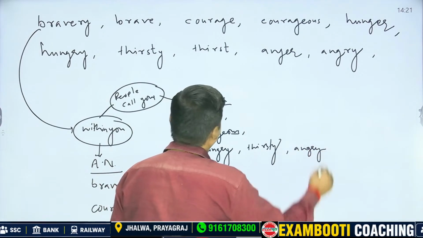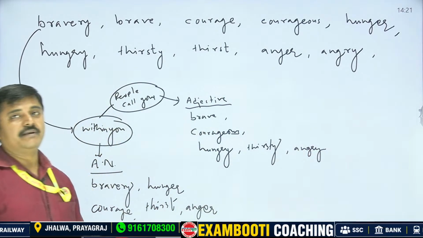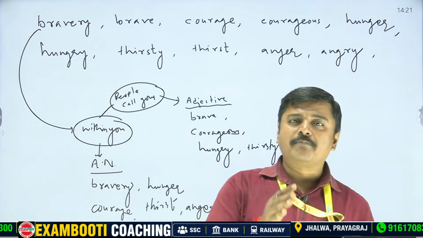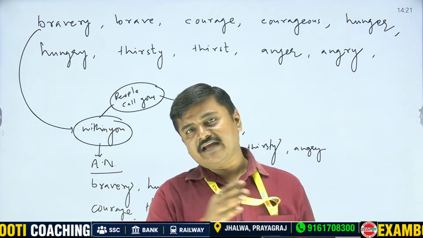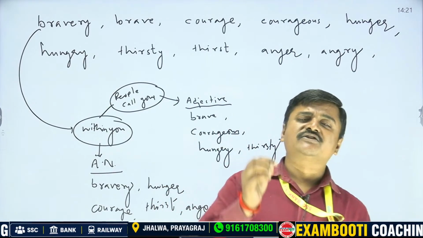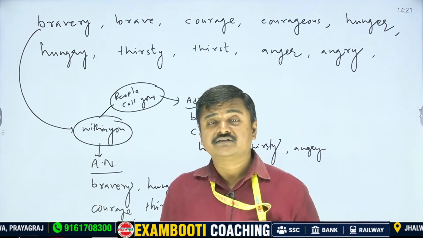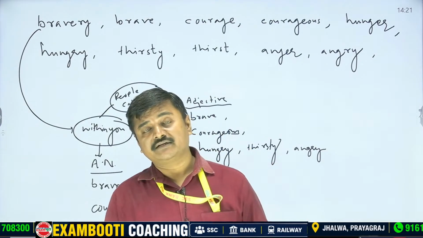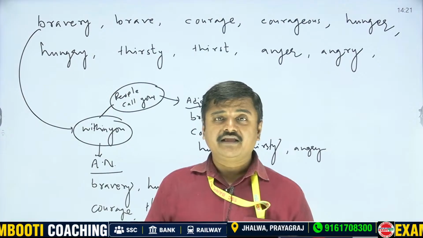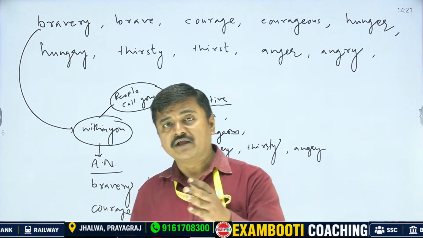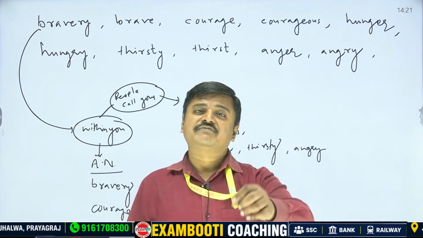So angry is an adjective and anger is an abstract noun. You can easily separate adjective and abstract noun. This is the most important concept, to identify an adjective and an abstract noun. This is the concept of the day.